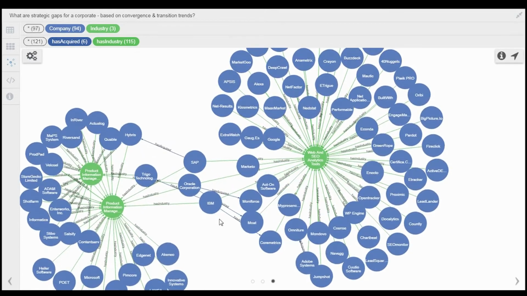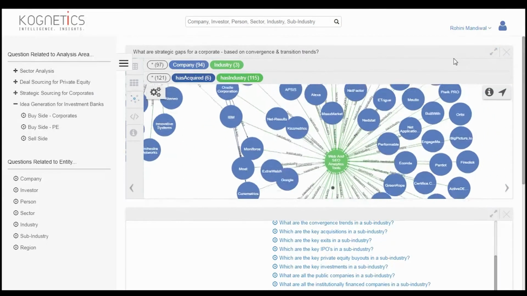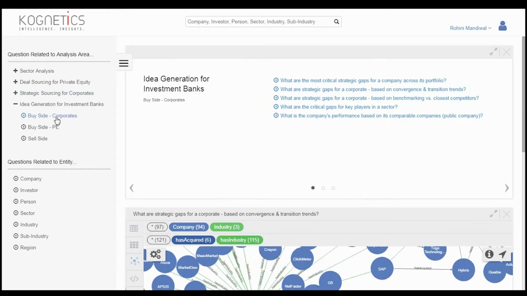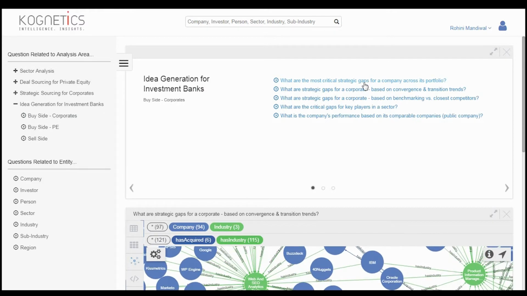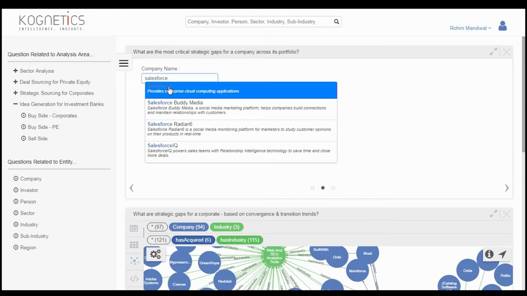In case we would like to understand Salesforce's gaps across its portfolio and further prioritize these gaps based on competitor intensity and industry attractiveness, using Kognetics, you can do this with just a couple of clicks. Within Idea Generation for Investment Banks and Buy-Side Corporates, select what are the most critical strategic gaps for a company across its portfolio.